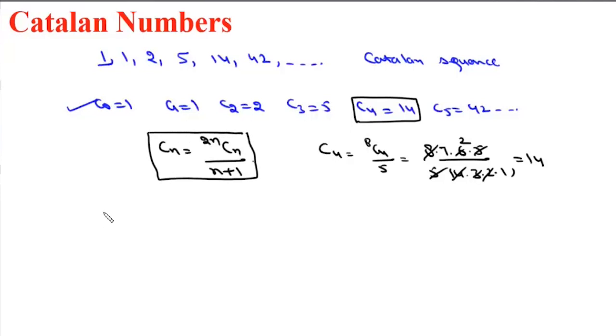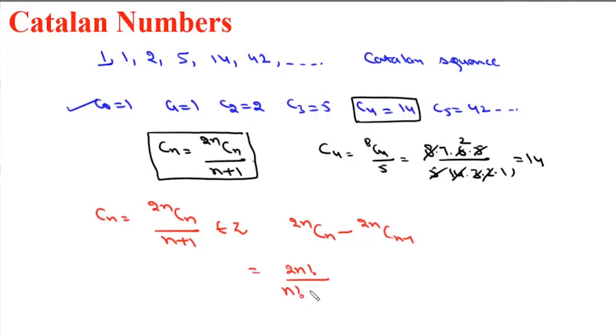Now we'll prove that any Catalan number, 2nCn upon n plus 1, is an integer. So what we'll do is we'll write 2nCn minus 2nCn minus 1. Now it will be factorial 2n upon factorial n factorial n, minus factorial 2n upon factorial n minus 1 and factorial n plus 1.